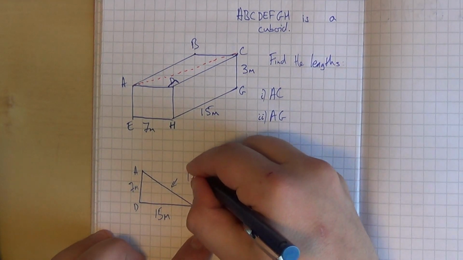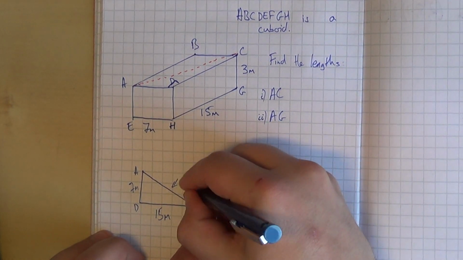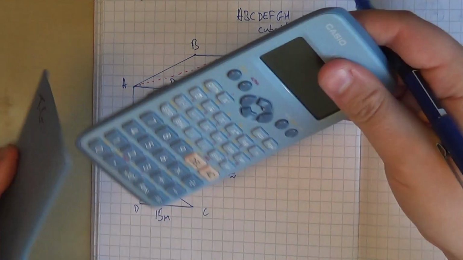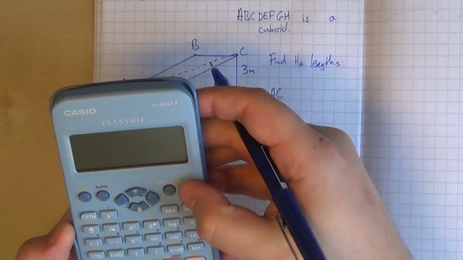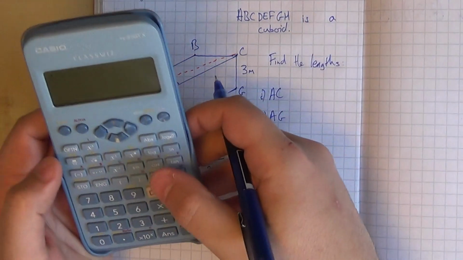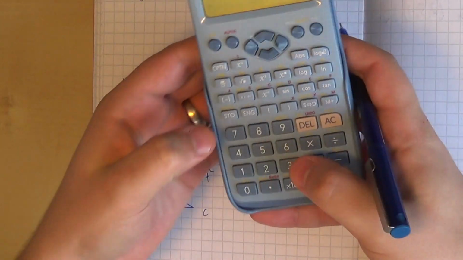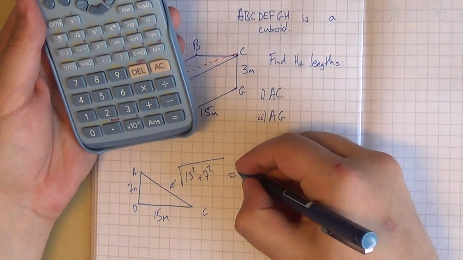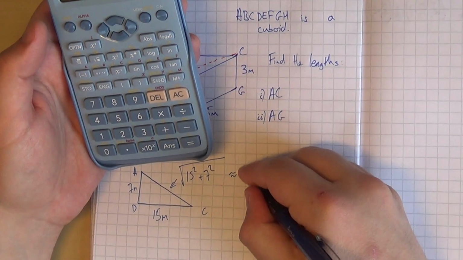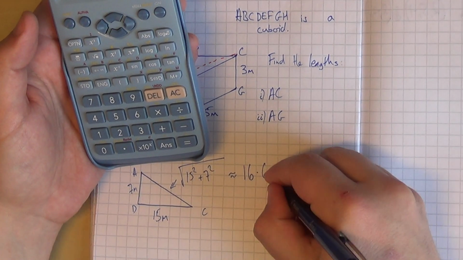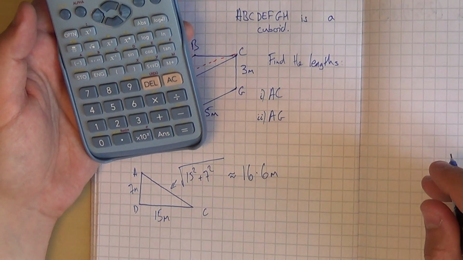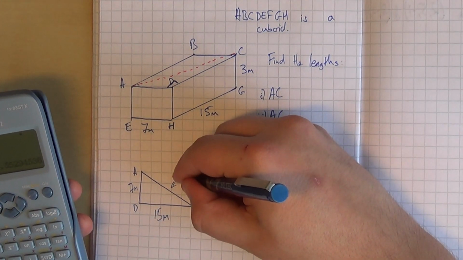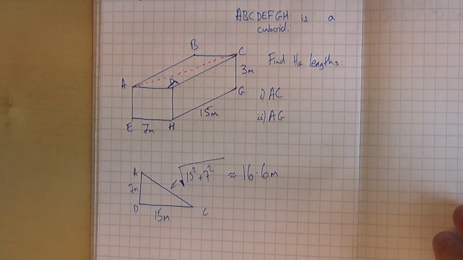So that's 15 squared and 7 squared rooted, which your calculator will tell you is roughly 16.6 meters to 3SF. Okay, and that's it. You've done Pythagoras before, it's very straightforward in that situation.